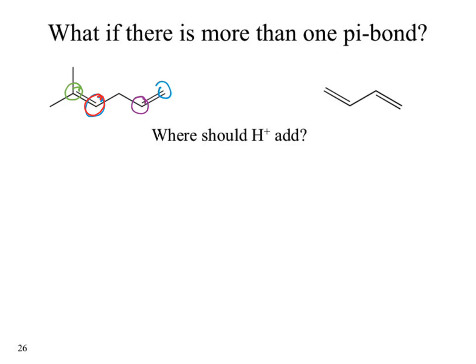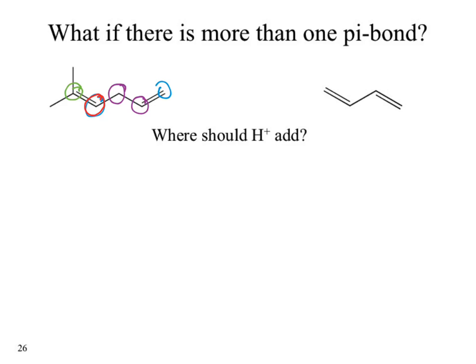Does anybody want to address why we should not put a hydrogen at either of those two purple circles? Said another way, you understand that the hydrogen should not go at those purple positions. If you say yes, fantastic. If you say no, we need to talk about that. So are we all yeses?